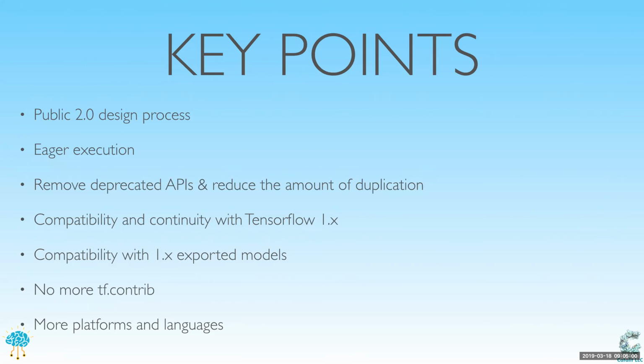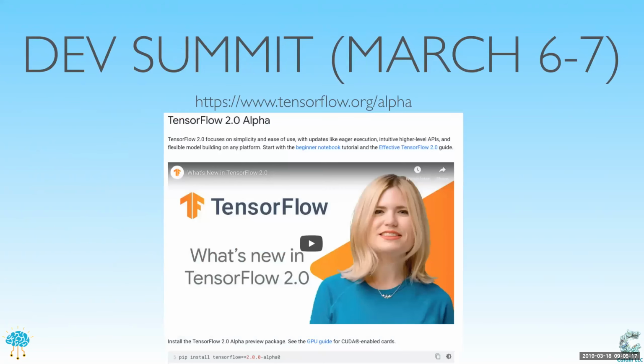Amongst other things, they announced the plan for compatibility and continuity with TensorFlow 1, as well as the deprecation of TF contrib and more platforms and languages. So as I said, on March 6, 7, there was the Dev Summit, and TensorFlow 2 Alpha was announced and released.